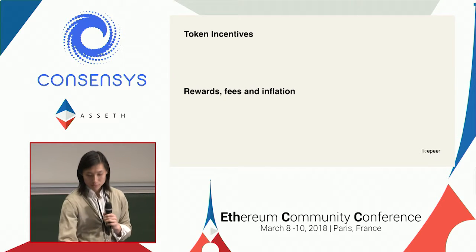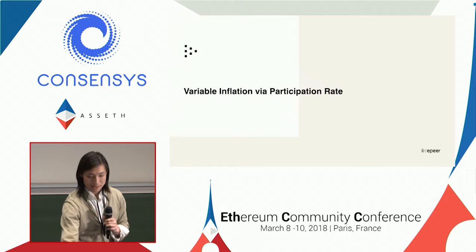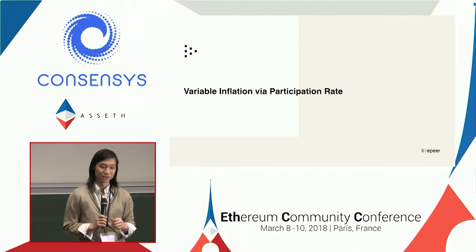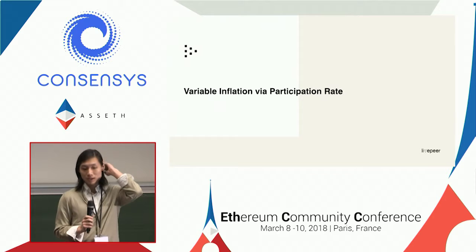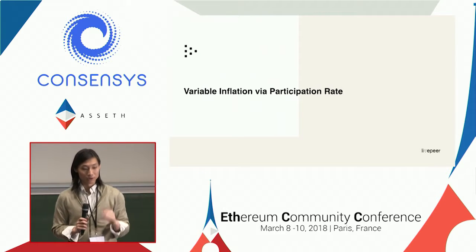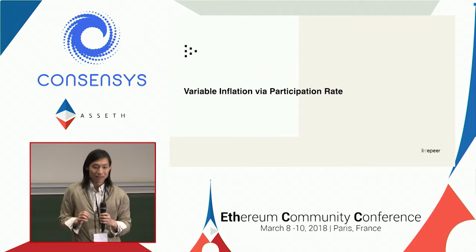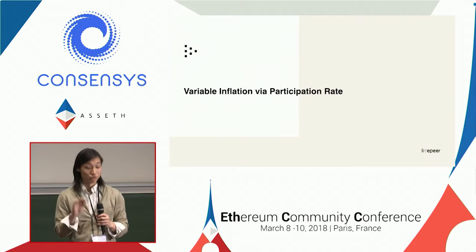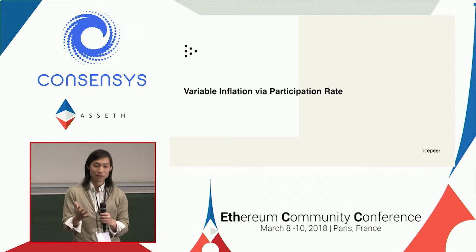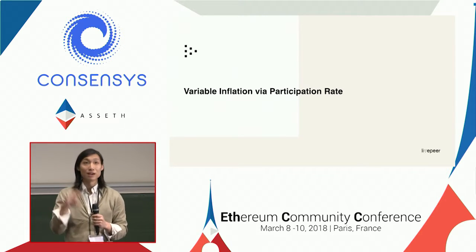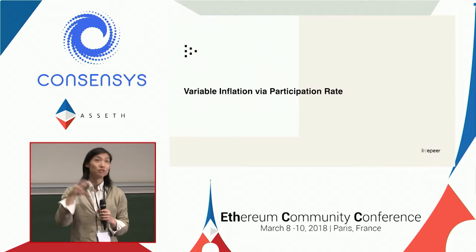Now, we're going to get into a slightly controversial topic, which is how do you define the inflation? There are a lot of models out there. Specifically for LivePeer, we think the inflation should be there for a reason. For a network like LivePeer, the value of the network comes from the service that it provides.